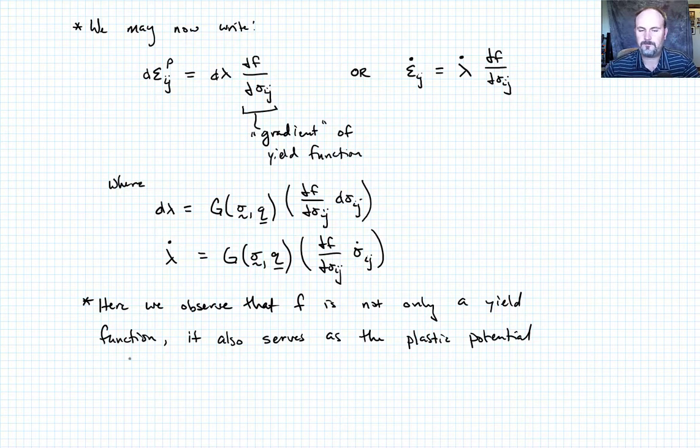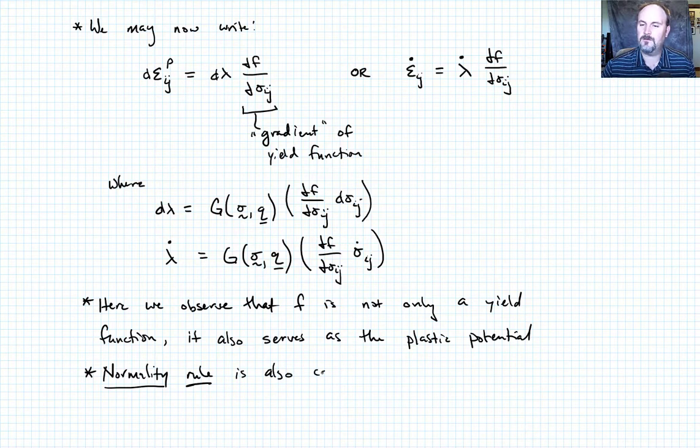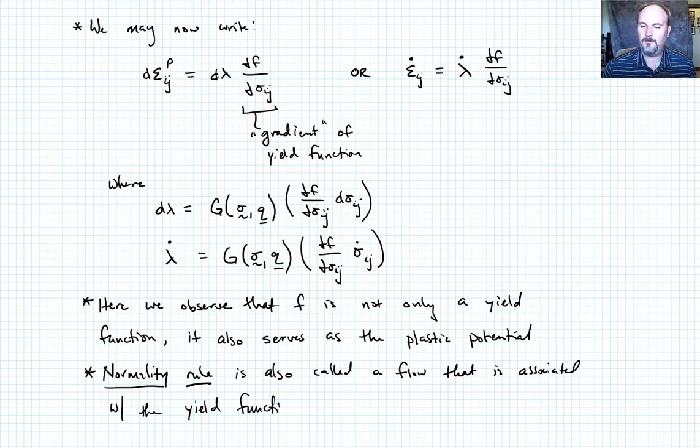Therefore, the normality rule is also called the flow rule that's associated with the yield function.